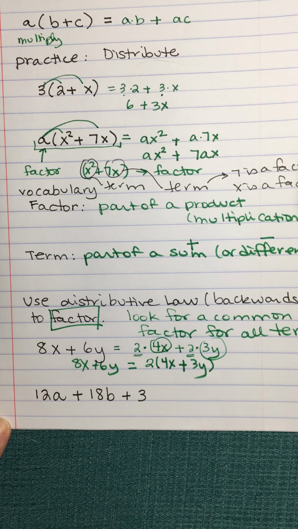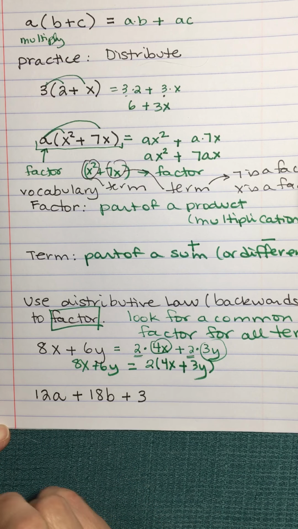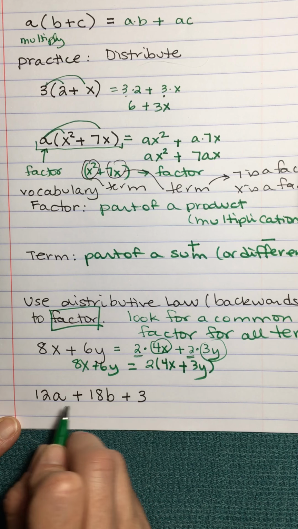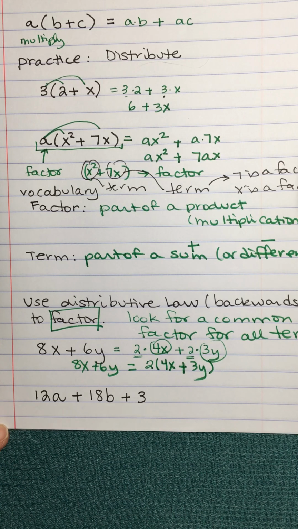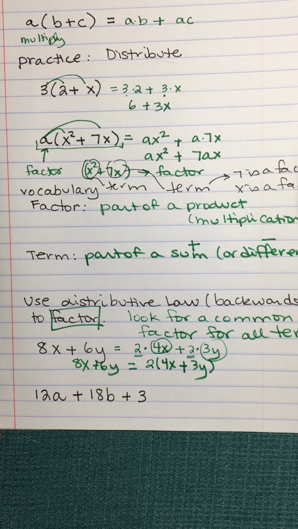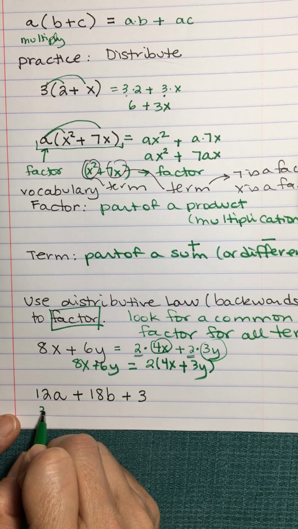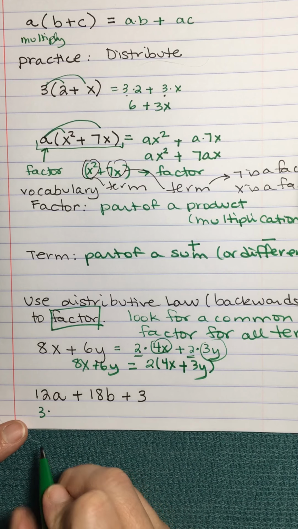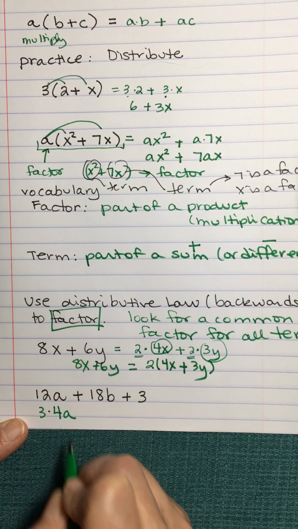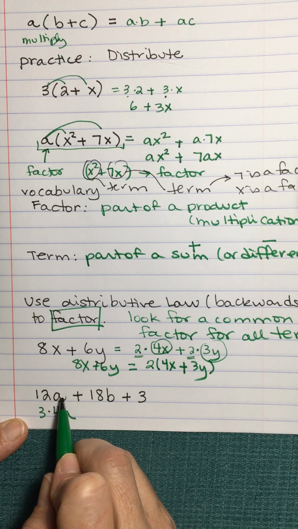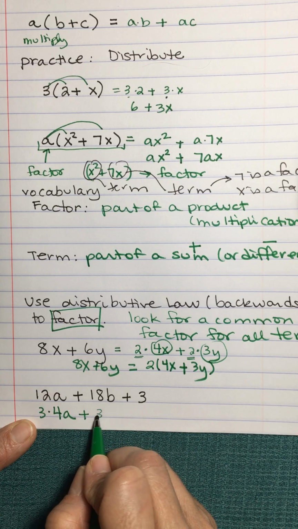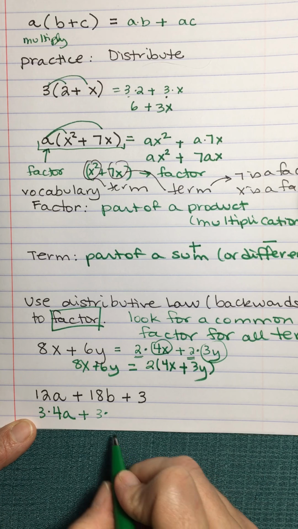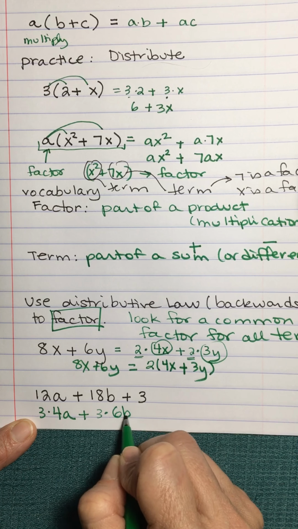And once you decide, one way that you can make sure you get everything right is to go ahead and write each of those 3 terms as that common factor, exactly 3 times the other part. Okay, so 12a, 3 times what? Right, 4a. 3 times 4a is 12a. 18b, 3 times what? 3 times 6b.